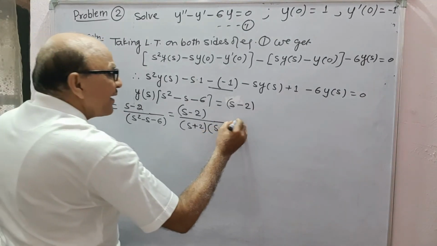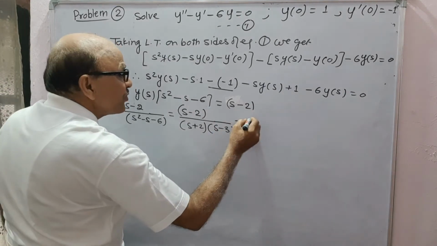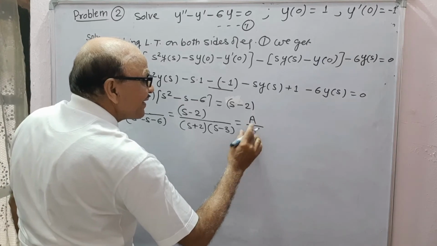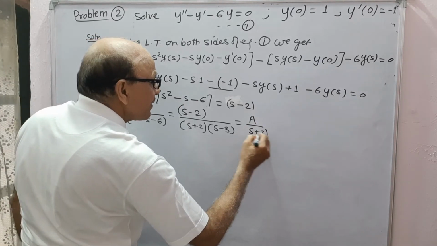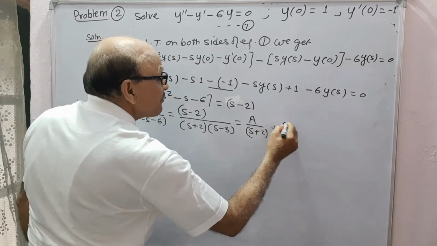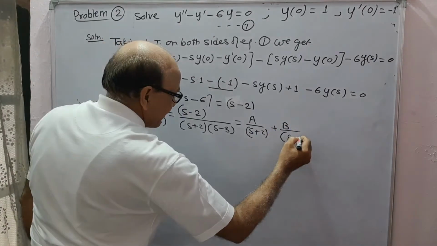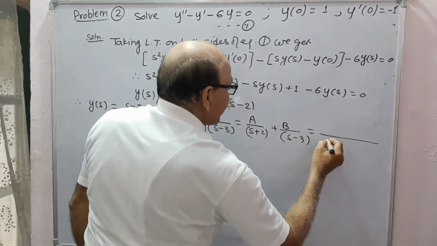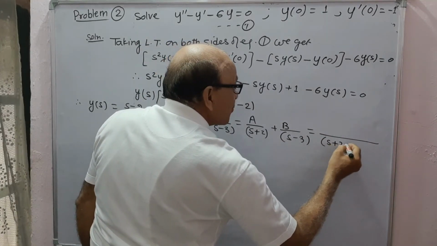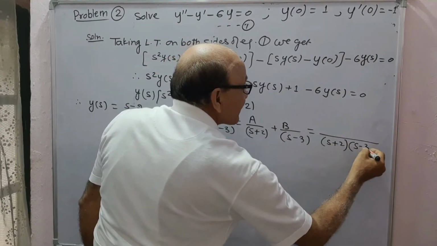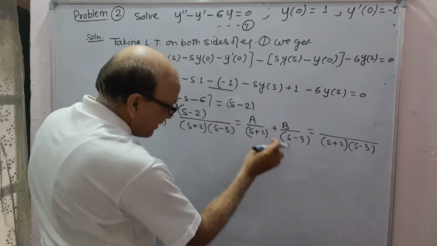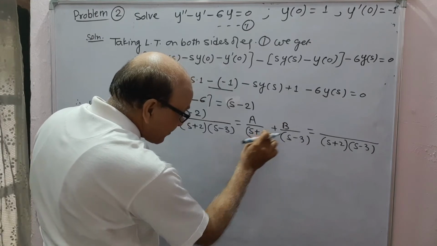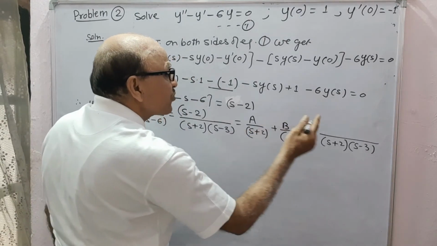Now let us assume it to be equal to a upon s plus 2 plus b upon s minus 3. So you can write it as s plus 2 into s minus 3, a into s minus 3a plus b into s plus 2a.